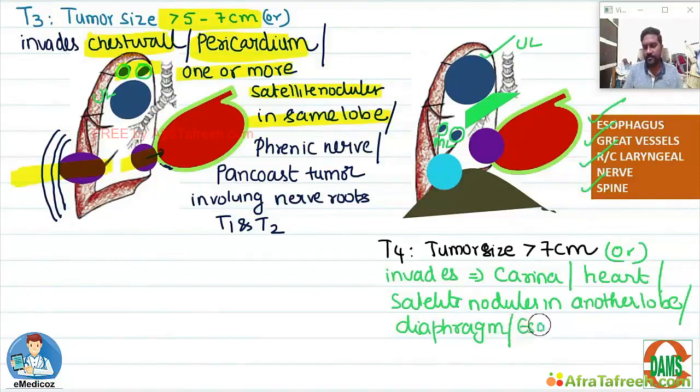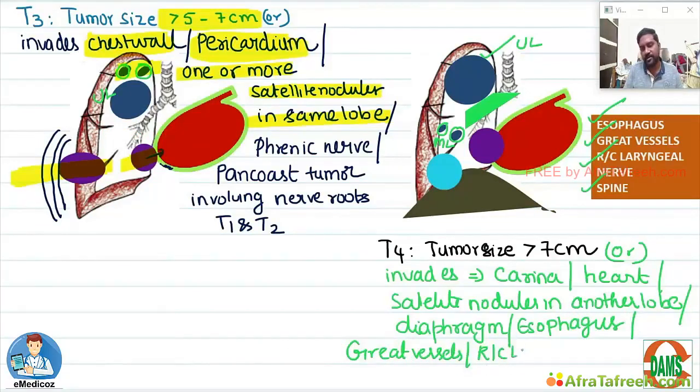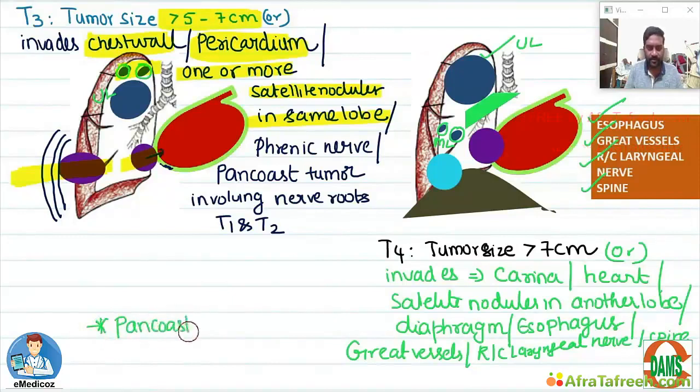So mediastinal structures such as esophagus, great vessels, recurrent laryngeal nerve, spine. And with respect to Pancoast tumor, a Pancoast tumor involving nerve roots T1 and T2 was put under T3.